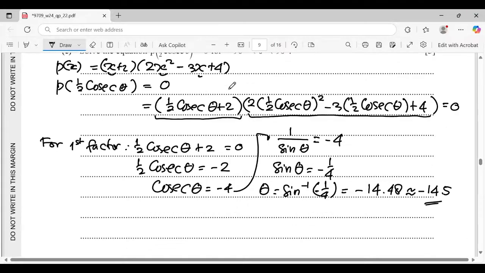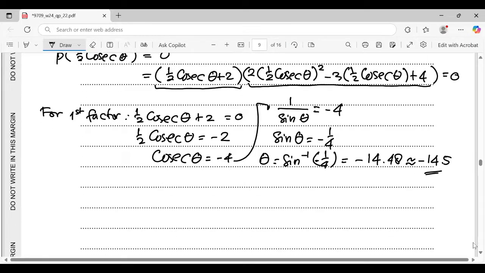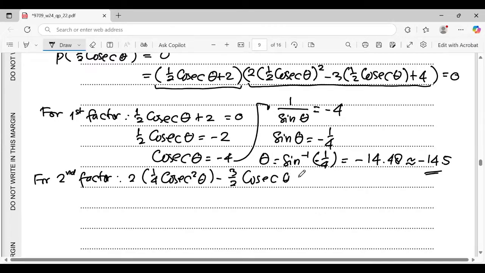Now the second factor, this one. 2 times 1/4 cosecant squared theta minus 3/2 cosecant theta plus 4, because 3 times 1/2 equals 3/2.